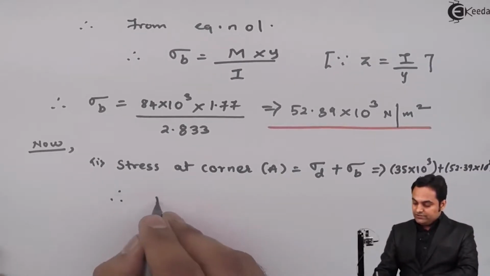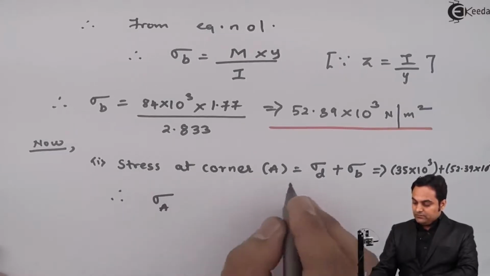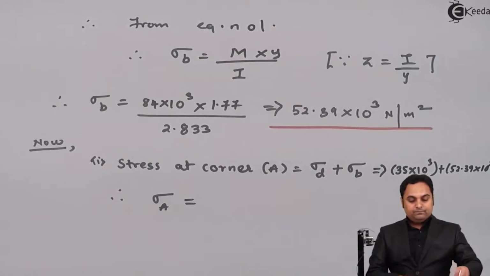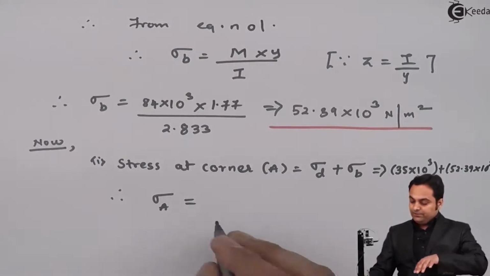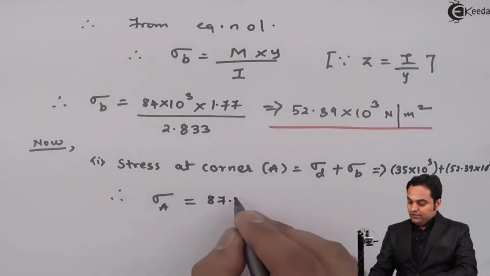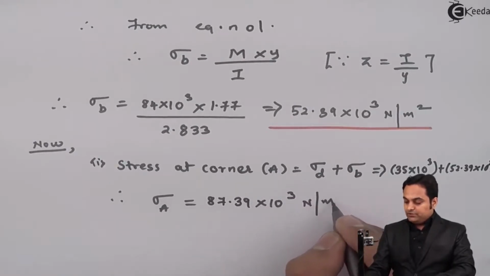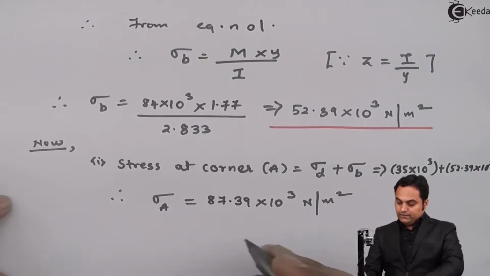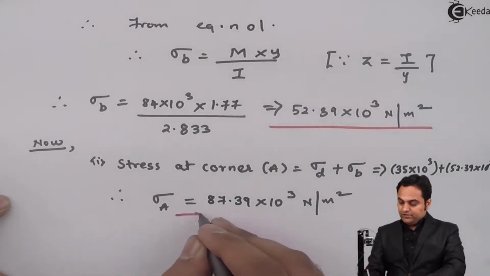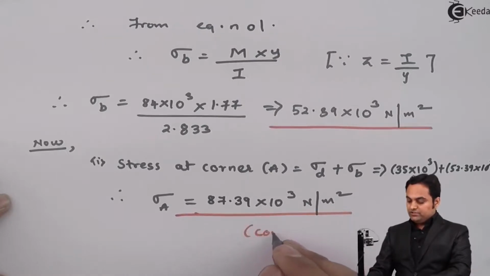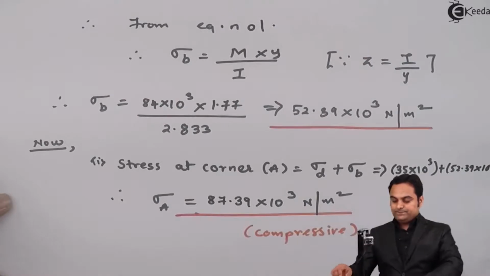So stress at A, sigma_A, comes out to be 87.39 into 10 raised to 3 Newton per meter square. This is the only chapter in which we take compressive stress as positive, so this positive answer means it is compressive stress.